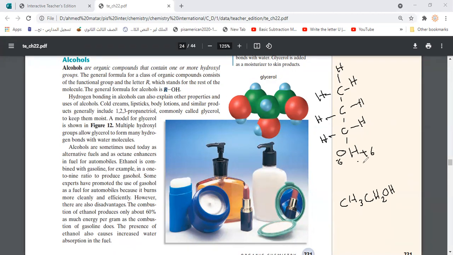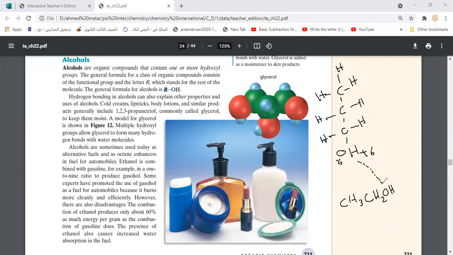That allows a hydrogen bond to form, an attraction between the partially positive hydrogen and the partially negative oxygen, like in water. So the alcohol molecules are attached to each other, which explains a lot of the properties of alcohols. That's why it's cohesive, and also why it feels cool: this hydrogen bonding is able to absorb a lot of heat energy. So when you put alcohol on your hand, it always feels cool.